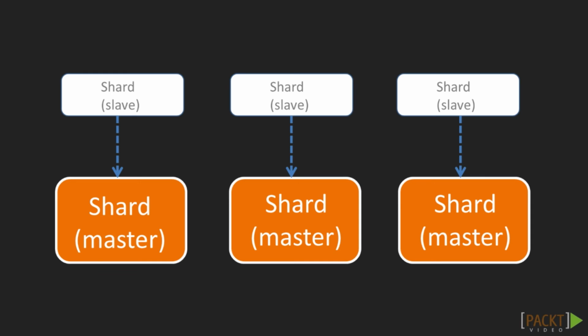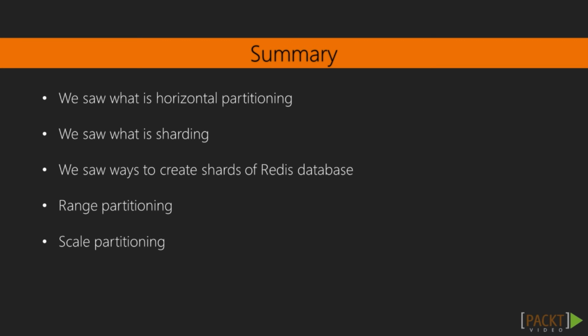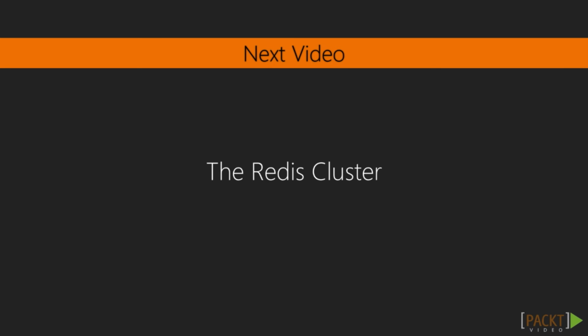Thus, if all shards have at least one slave, they're not only secured, but can use the master-slave mechanism to support high loads or spikes in reading requests. Until this point, we have been doing replication manually, and though it is simple and the appropriate code can be written in literally minutes, Redis also offers automatic replication with the Redis cluster utility we are going to discuss in the next video.